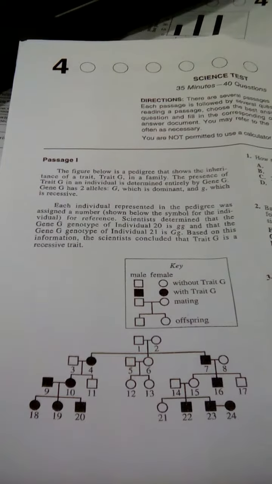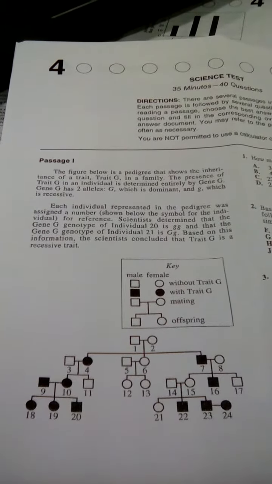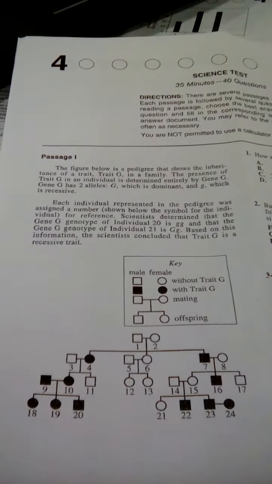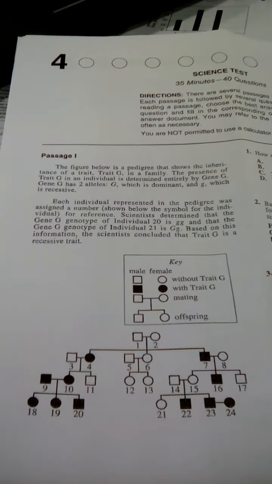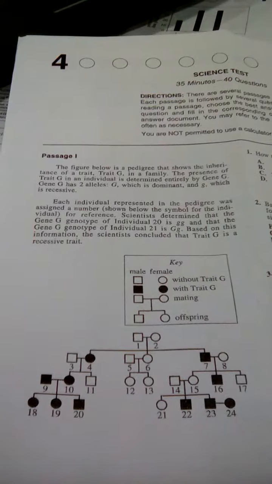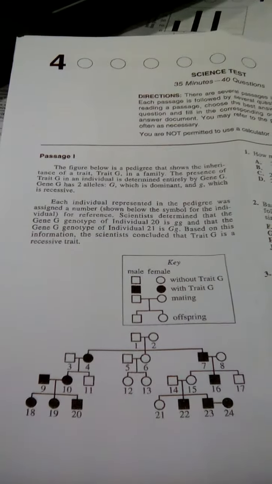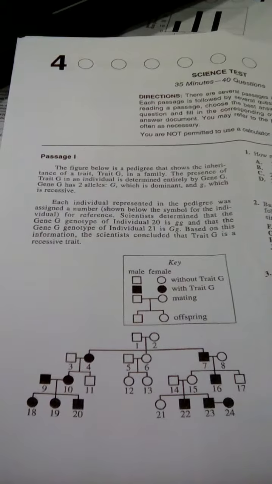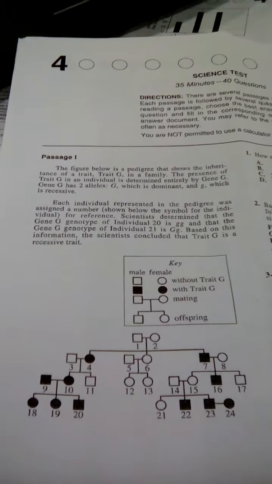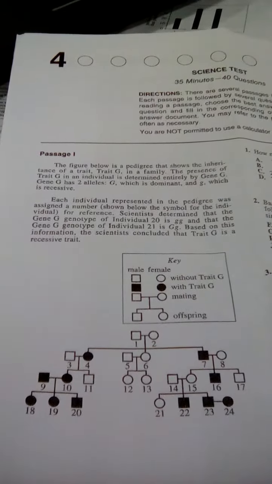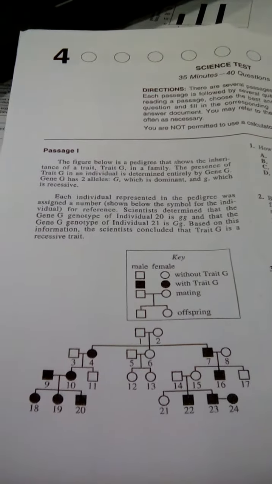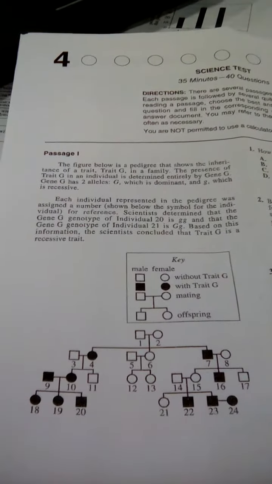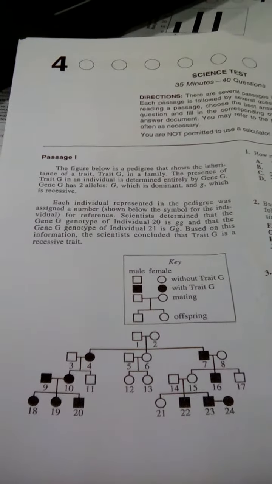For reference, scientists determined that the gene G genotype of individual 20 is little g, little g, and that the gene G genotype of individual 21 is big G, little g. Based on this information, the scientists concluded that trait G is a recessive trait.